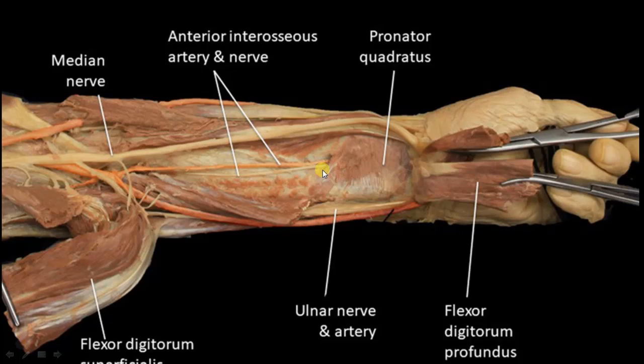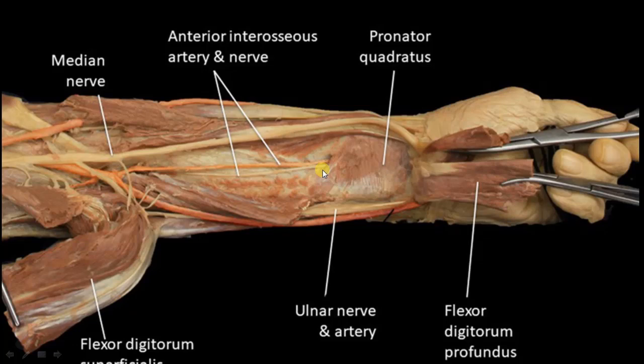You need not memorize the origin and insertion of all these muscles, and it is not necessary at the undergraduate level. Only certain muscles, as I told you, like deltoid and biceps, you should know the origin and insertion of.